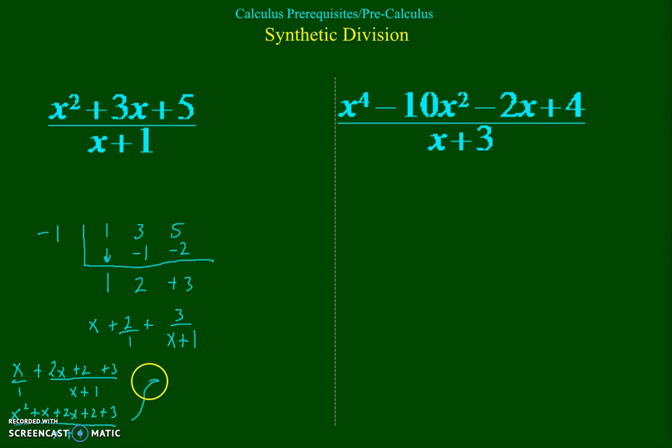And to simplify that, we have x squared. x plus 2x is plus 3x, and 2 plus 3 is plus 5 over x plus 1. And you can see that reproduces our original expression. So this is in fact equivalent to this, and that's the goal.